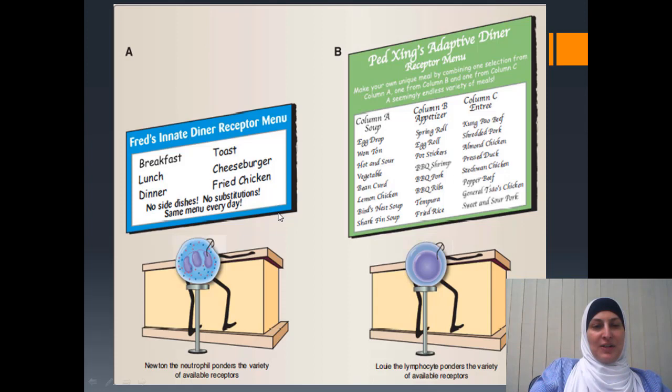So this here is the innate immune response. There is no specificity. It's just recognizing certain patterns. So this is the menu for the innate immunity. This is what you have for breakfast, for lunch, for dinner. It's the same. There are no differences.